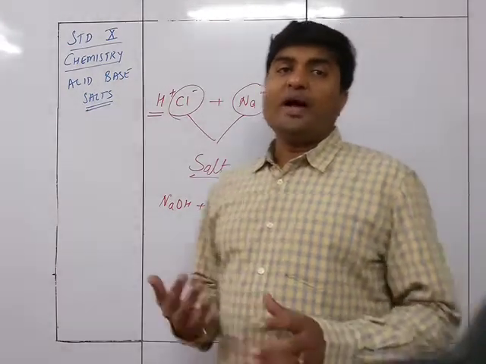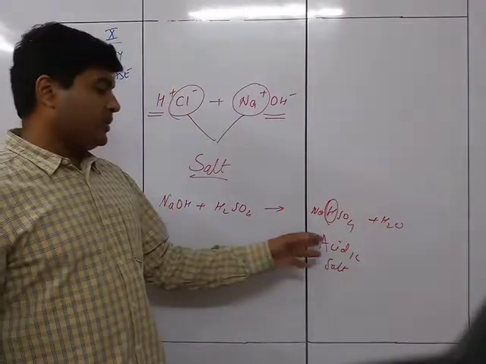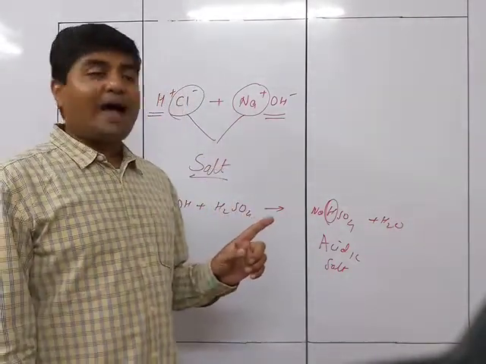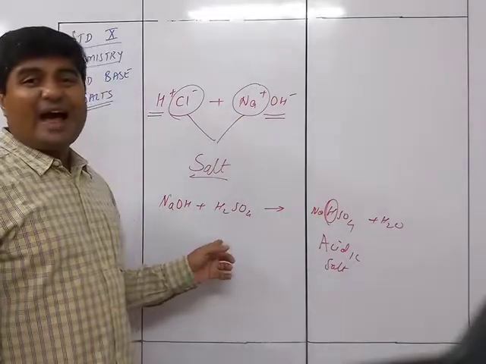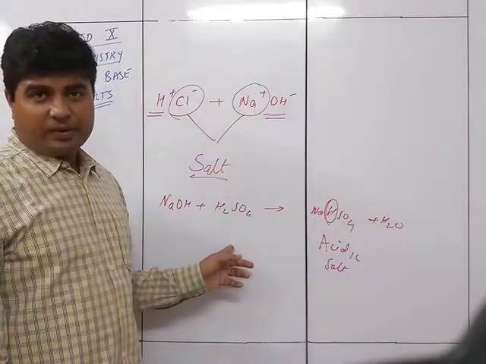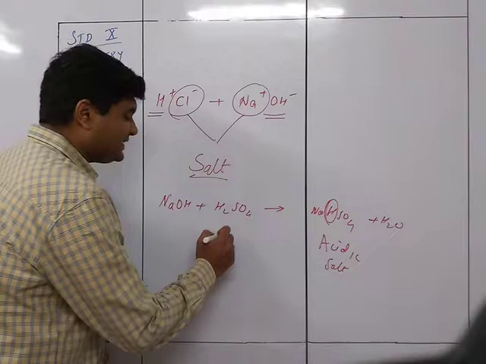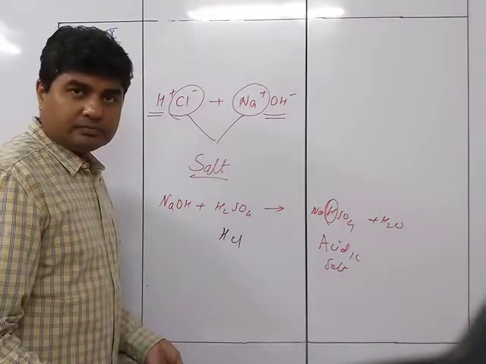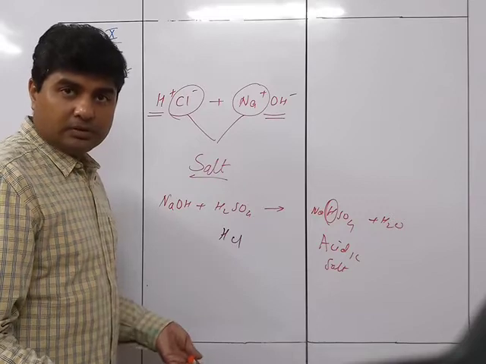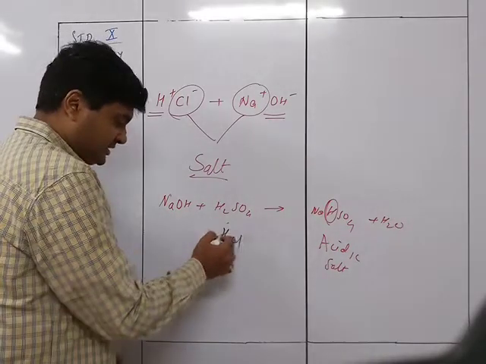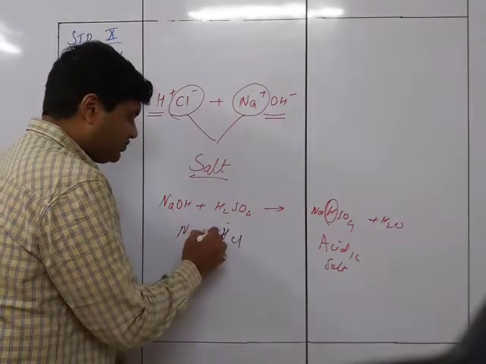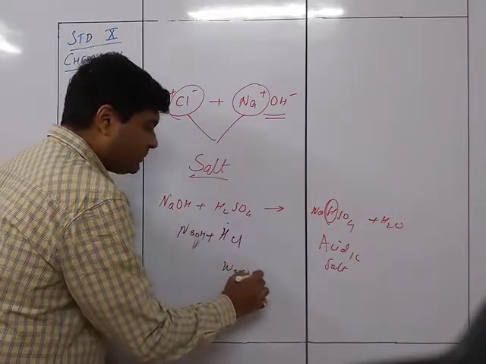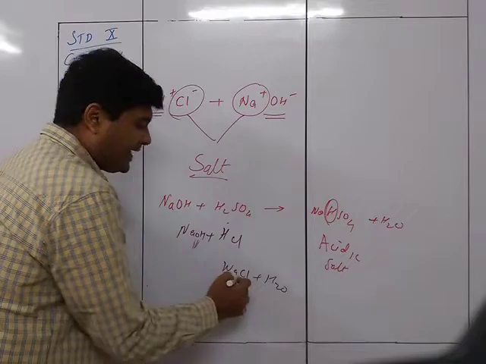Now we very well know an acidic salt can be formed only when you use an acid which is dibasic or tribasic. If this were only HCl, what would have happened? It cannot form NaHCl. It is not possible. The product is NaCl plus H2O. There is no way that H can be here.